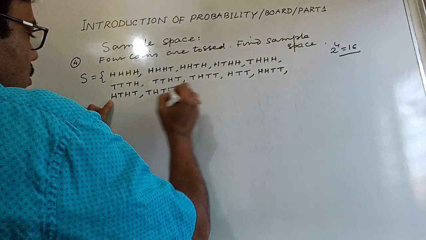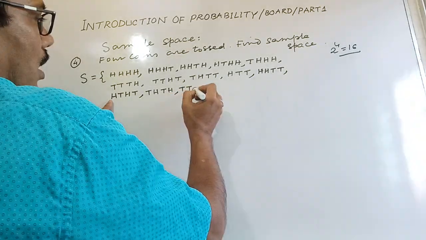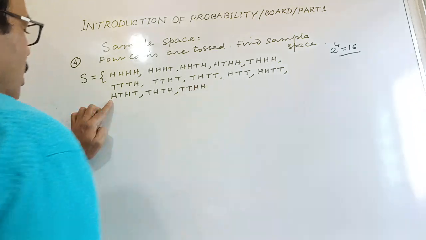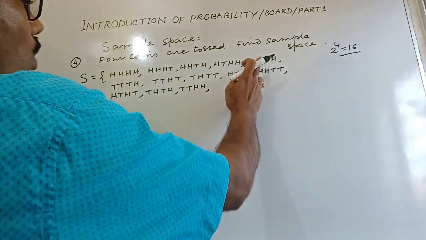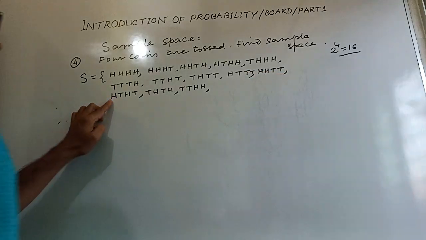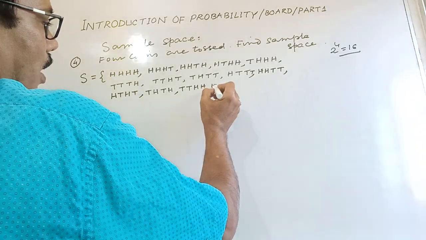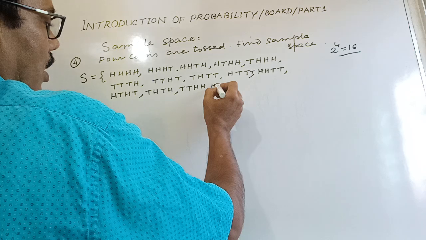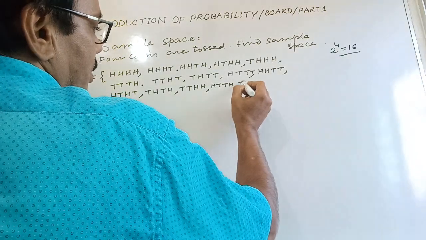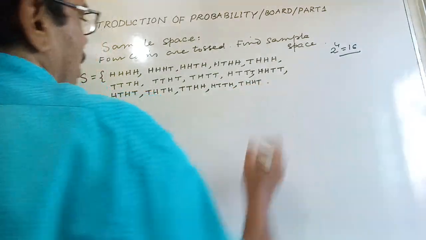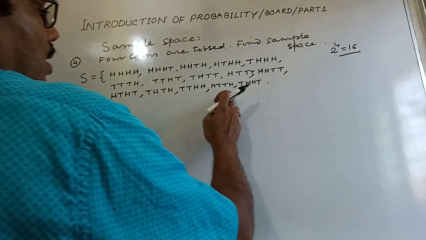Then THTT, TTHH, HTTH, THHT. How many cases are we getting? 1, 2, 3, 4, 5, 6.